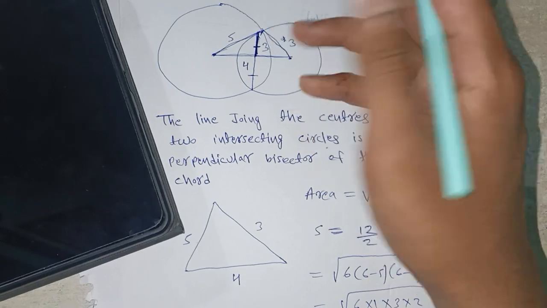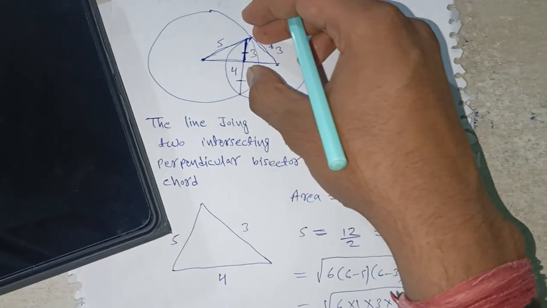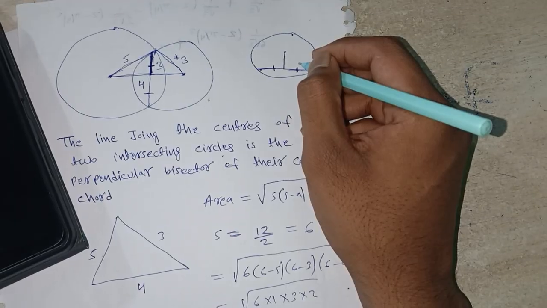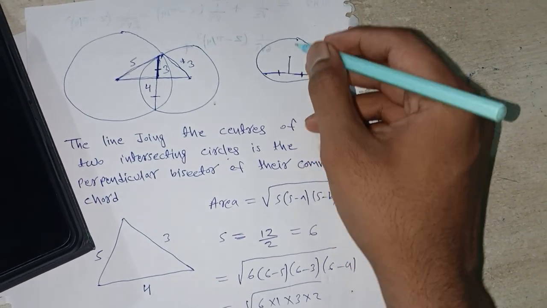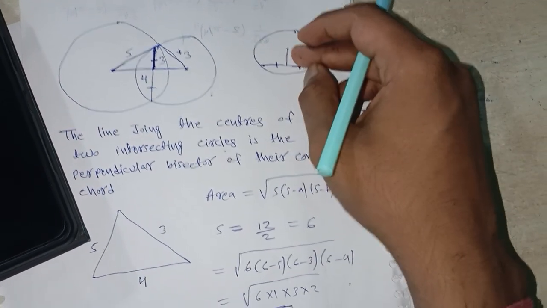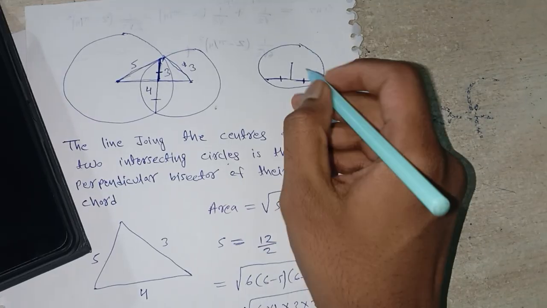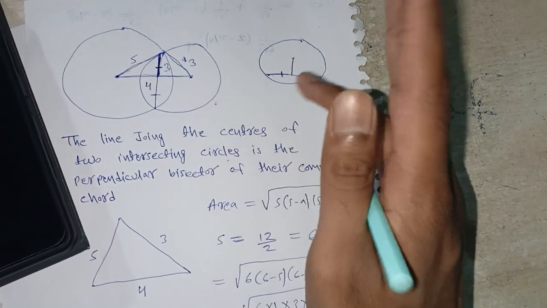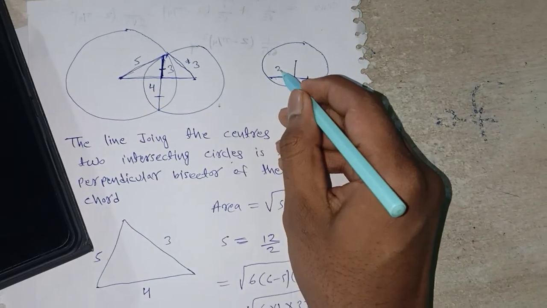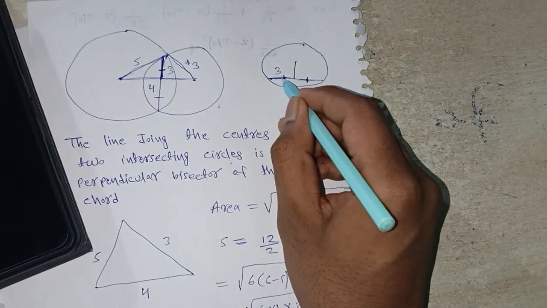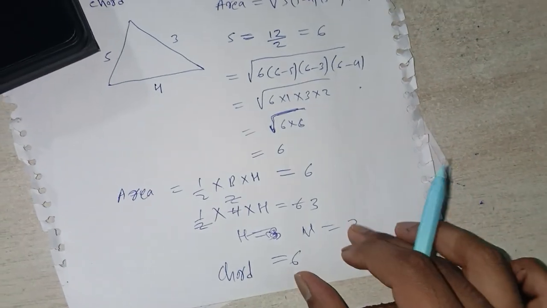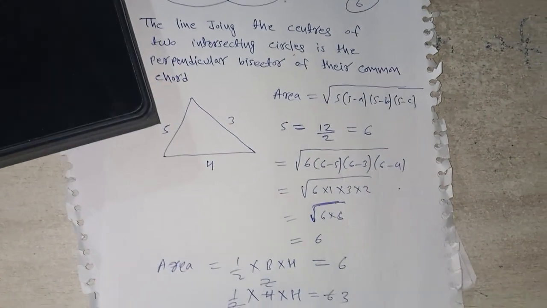I did twice because of this theorem: if I draw a perpendicular from the center of a circle to a chord, then that perpendicular bisects this chord. Bisect means dividing into two equal parts. Suppose this part is 3, then the total will be 6. So the length of the common chord is 6.